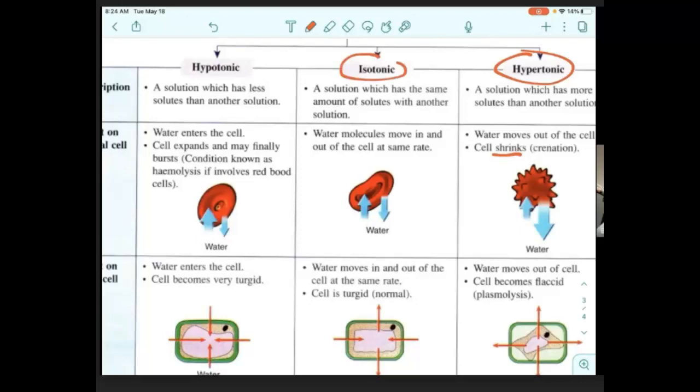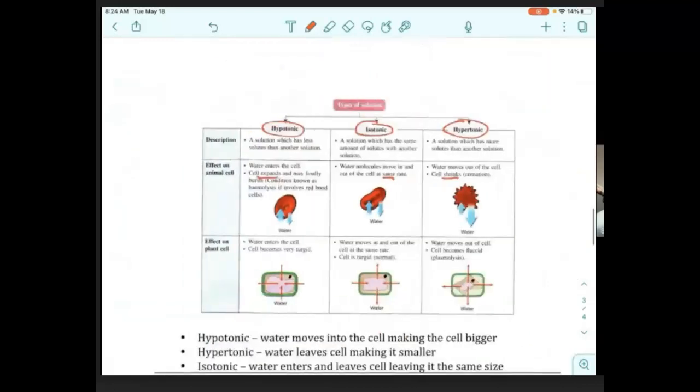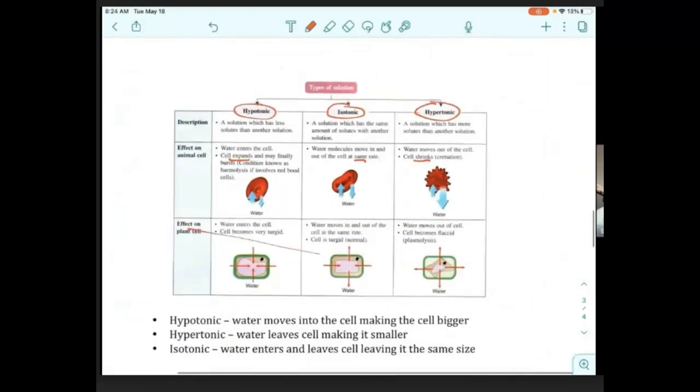Isotonic, the cell is going to move in and out and it's going to stay the same. Hypotonic, that means that water is going to move into the cell, and the cell expands. I don't think you need to worry about the plant, so we can just cross that out, but it basically does the same thing, except the plant has a cell wall, which is rigid and doesn't flex. Okay?